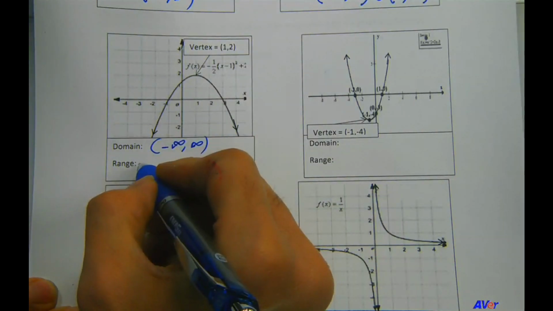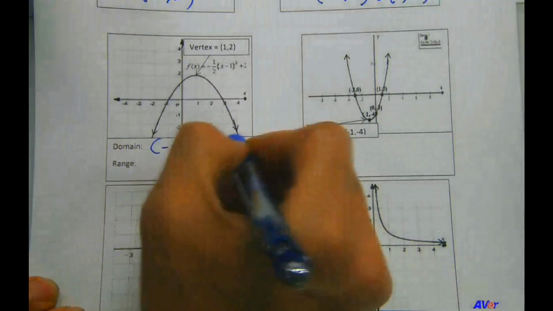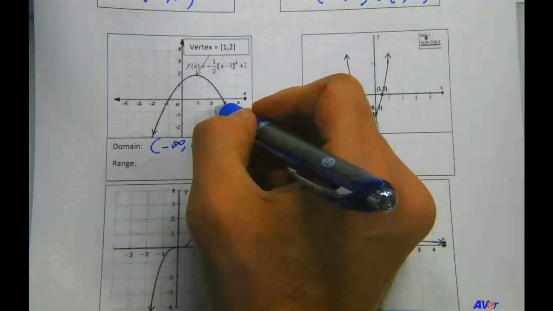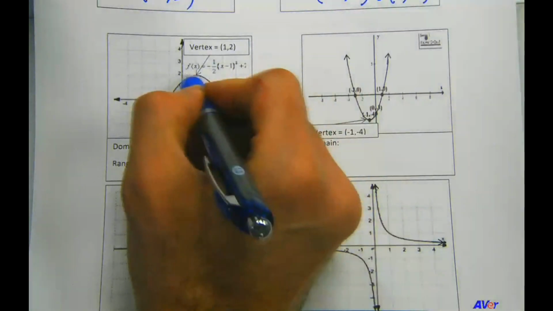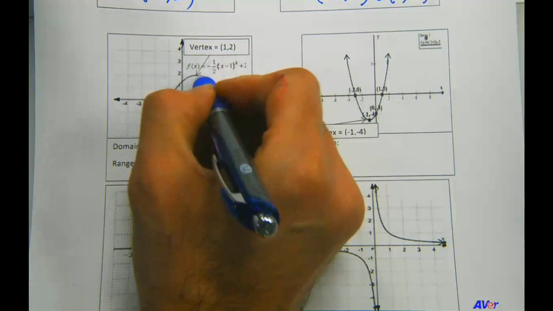The range. Looking at this behavior, is there any y value that this graph cannot attain? Yes, because on the bottom side it's coming up from negative infinity, but at some point up here it cannot go beyond a certain y value.